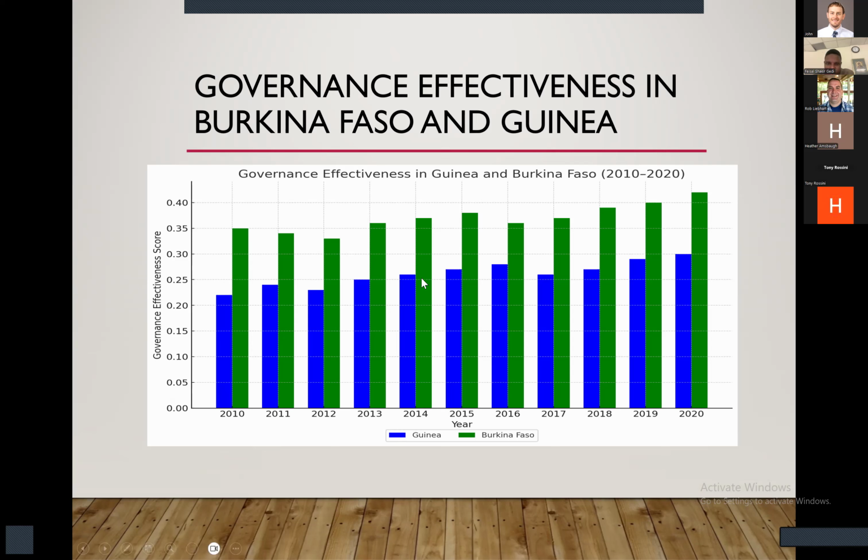In Burkina Faso, although governance was more consistent, effectiveness began to plateau after 2017, which coincided with the growing insecurity in the northern and eastern part of the country. This stagnation would later contribute to public dissatisfaction and eventual instability.